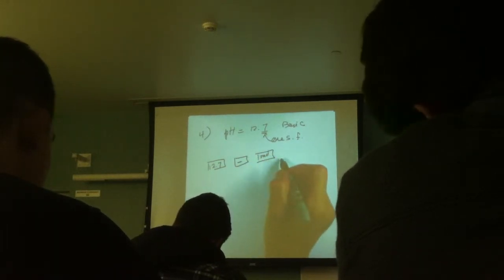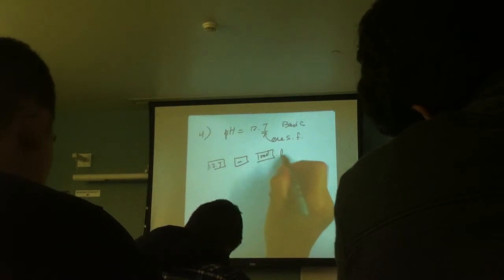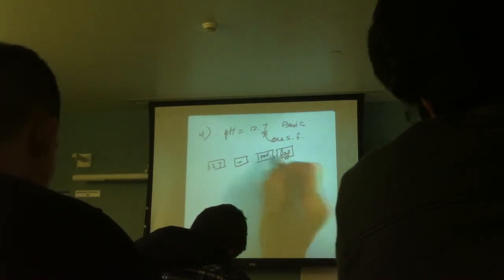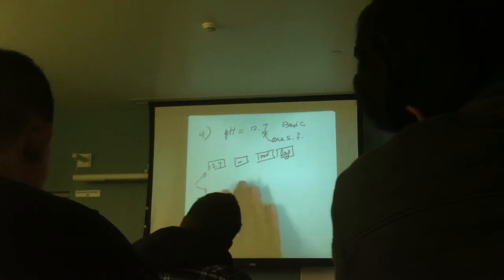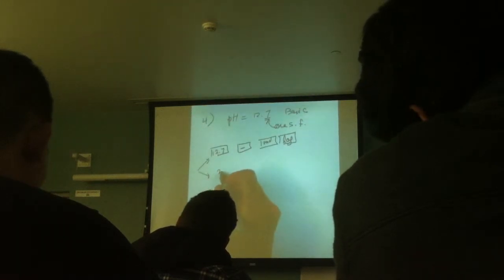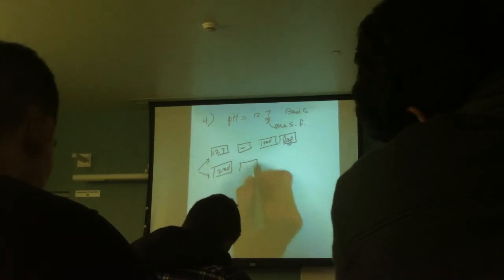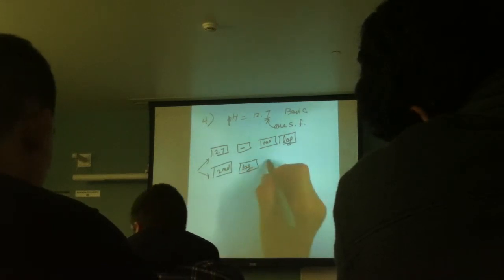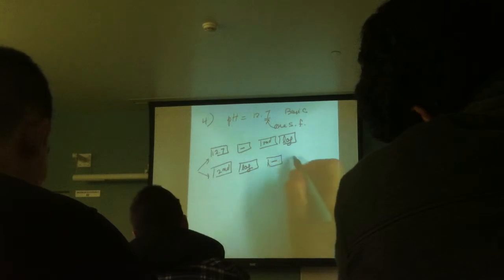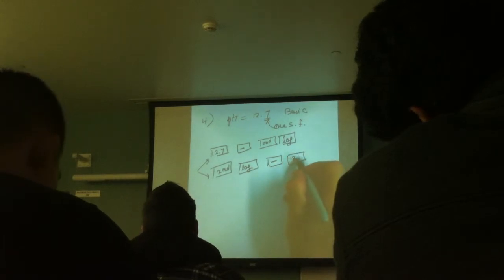You have a button, they say 90 seconds, and you say log. And people say, teacher, my calculator is not like that. How about if you go second, and you punch log, you punch switch sign, you punch 12.7.